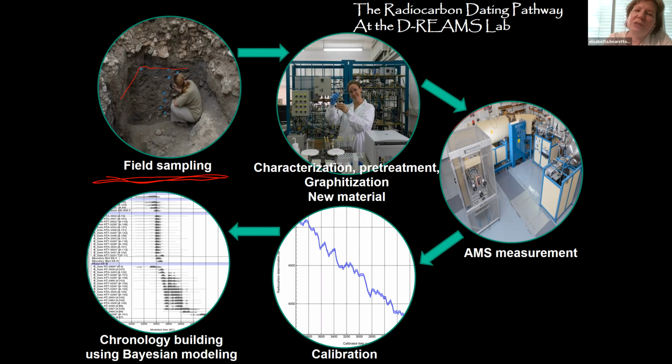Also the accelerator seems a standard procedure, and it is not at all, because according to the chronological question, the number of background or standards or known age samples needs to be prepared and tailored. If we are in a historical period, then we need many more known age samples to make the precision better and reduce the error.